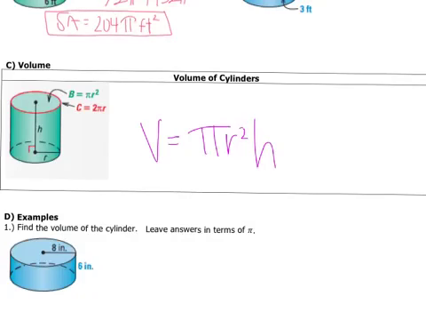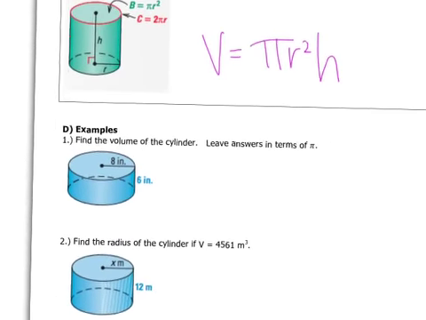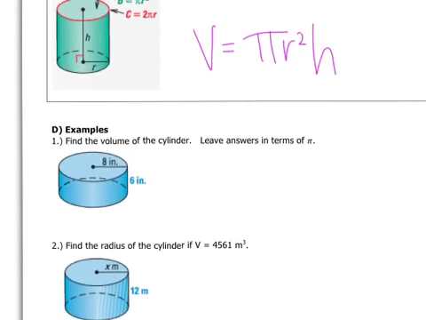Those are the two things that matter. Again, the only two pieces of information that we need to be able to find volume is the radius of the base and the height of the cylinder. So it's really not any more difficult or easier to find volume or surface area. It's just using a different formula.